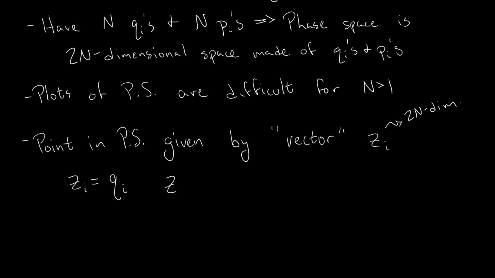And then z sub I plus n is equal to p sub I. So here I goes from 1 all the way up to n.